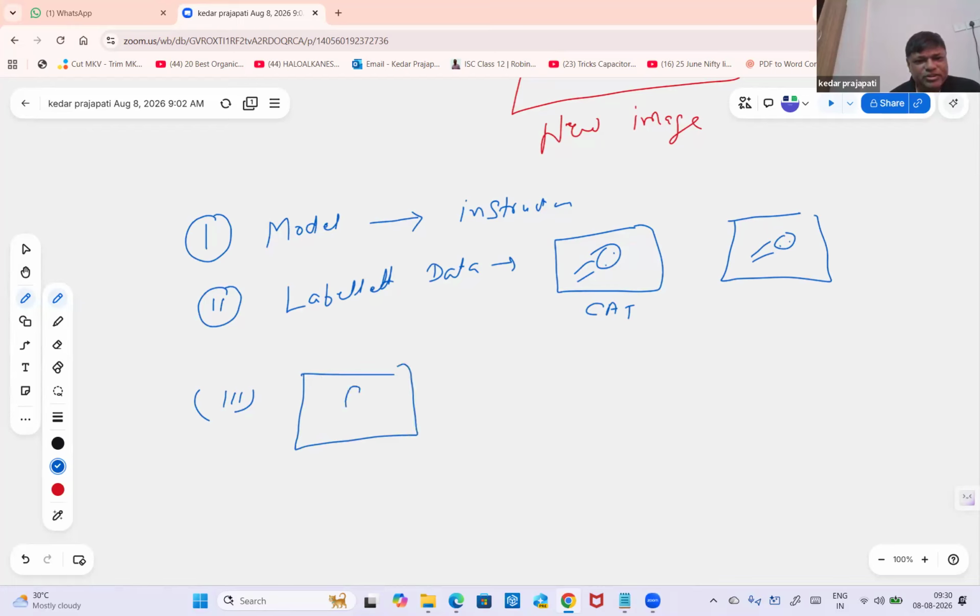This is some other dog. Maybe those dogs the machine also saw. So here it got trained on a large data set, a large amount of training data you have given. Now you are giving an unknown dog image, which is not labeled, and it is able to tell that this is a dog.